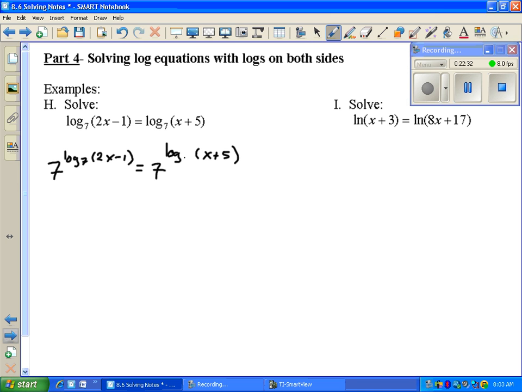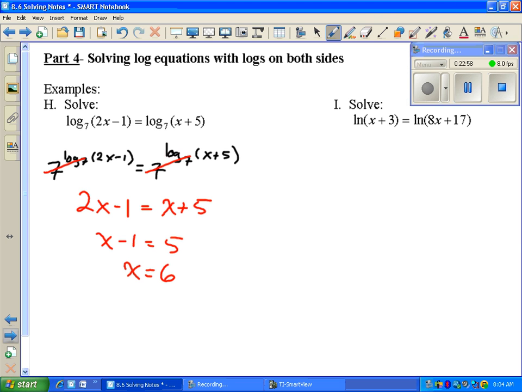This is log base 7 of x plus 5. Once again, the exponent and the log cancel, not just on the left side, leaving 2x minus 1, but also on the right side, since there's logs on both sides, leaving x plus 5. All you do now is solve for x. Subtract x. X minus 1 is equal to 5. Add 1, so x is equal to 6.